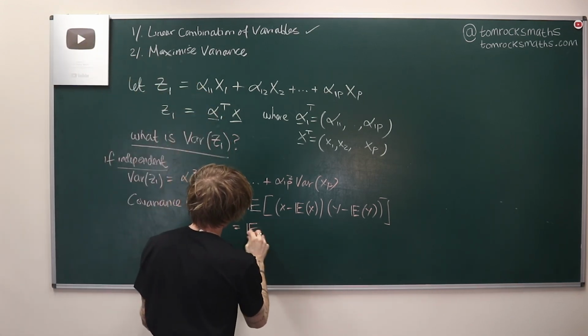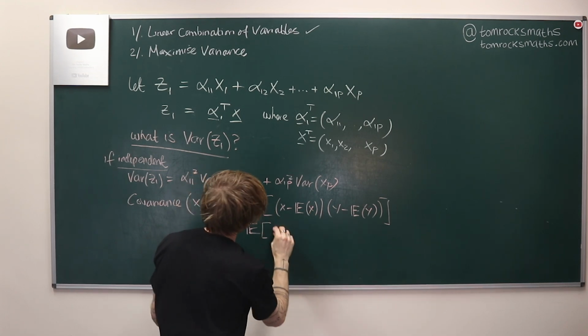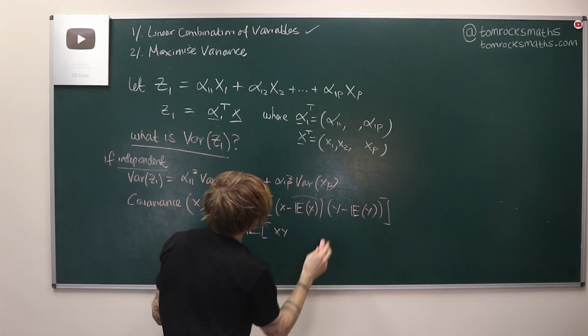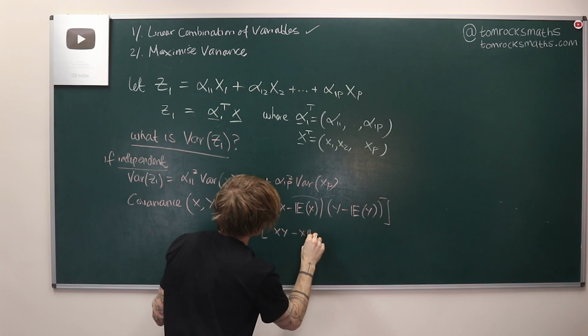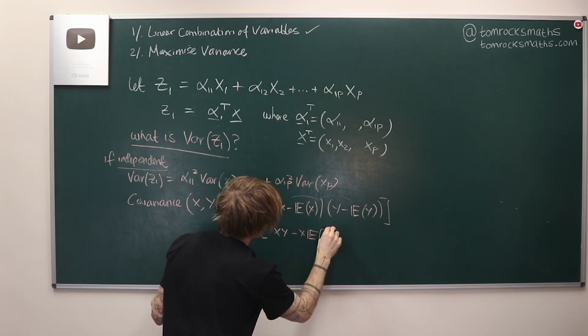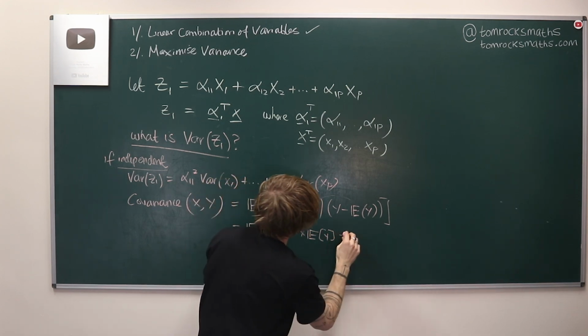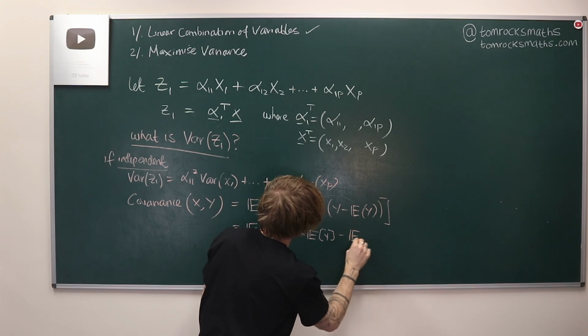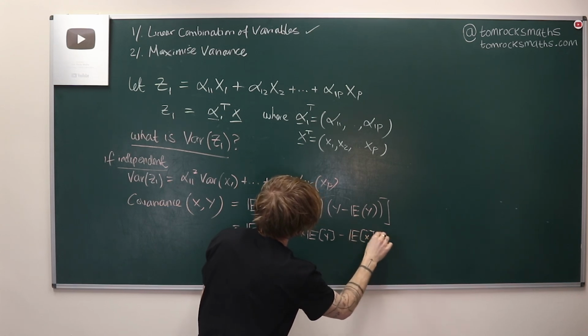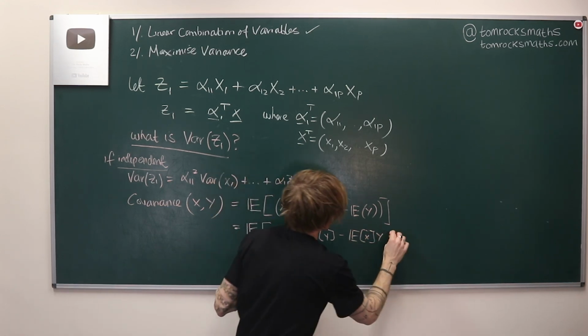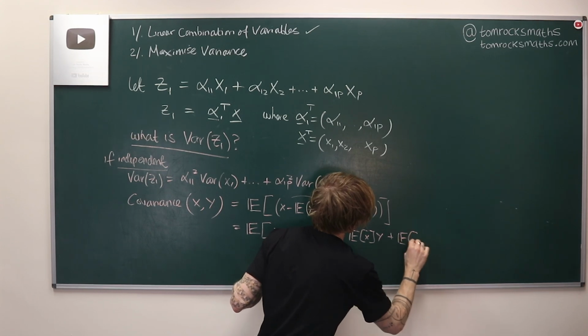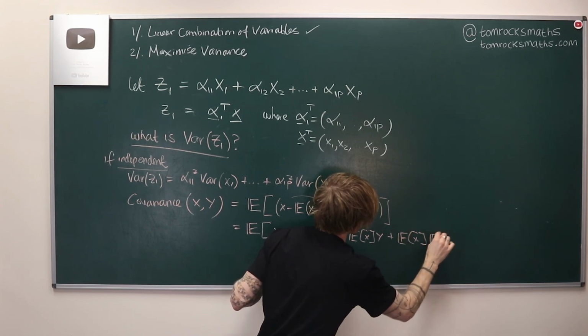So it's the expected value of xy there, minus x times E of y, minus E of x times y, and then plus E of x times E of y.